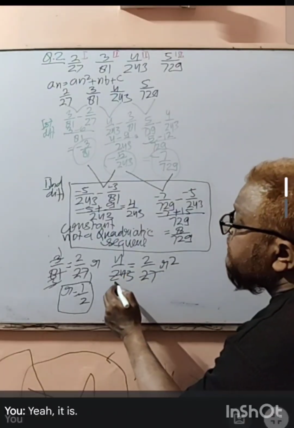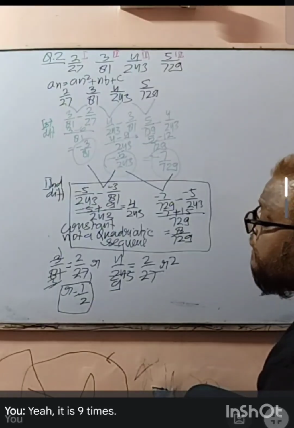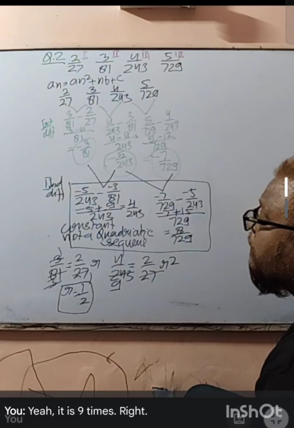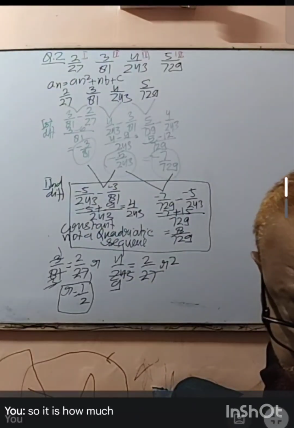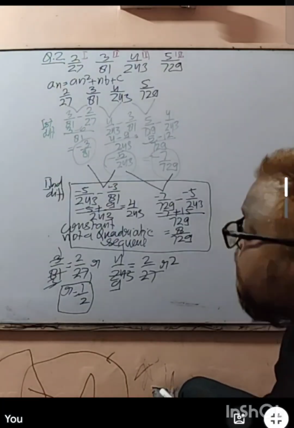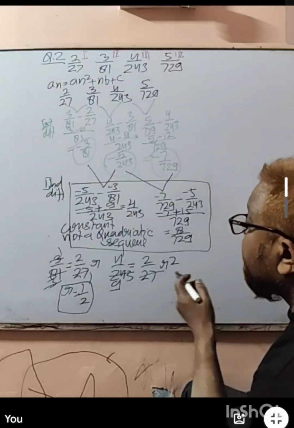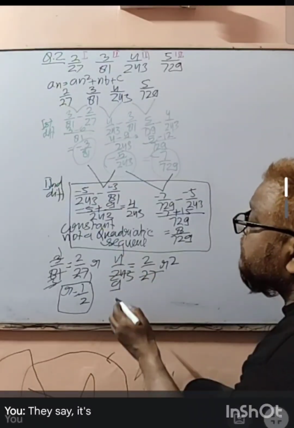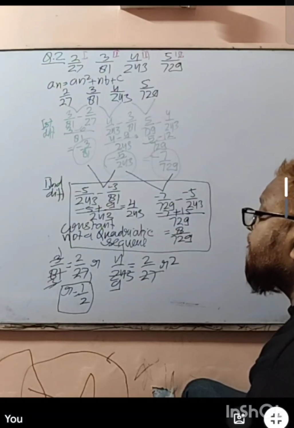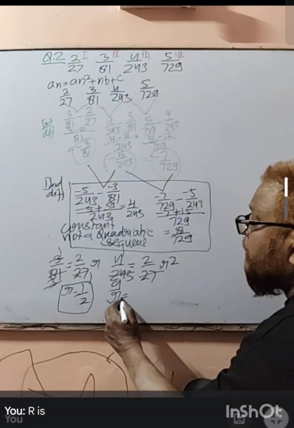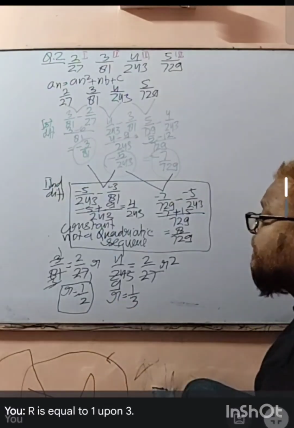Yeah, it is 9 times, right? So how much is it? r is equal to 1 upon 3, right?